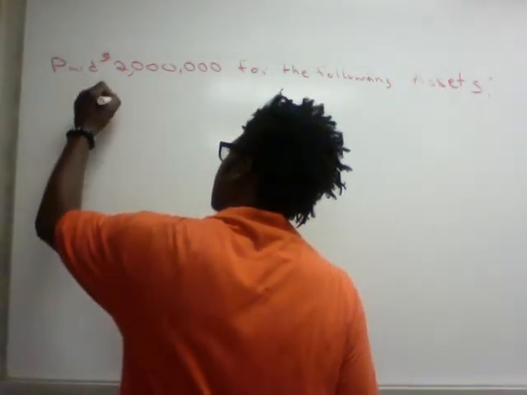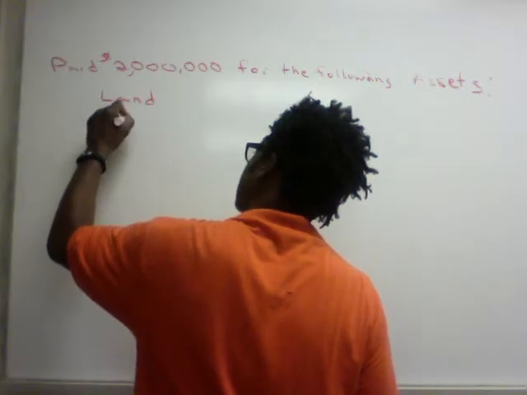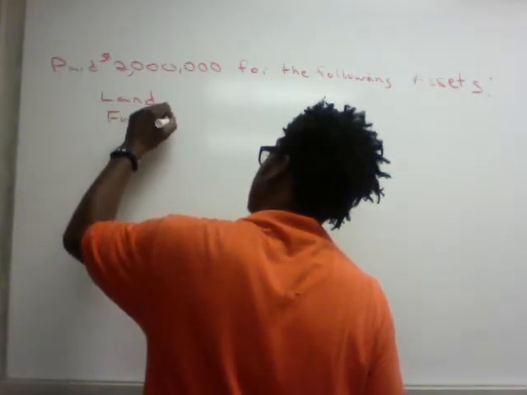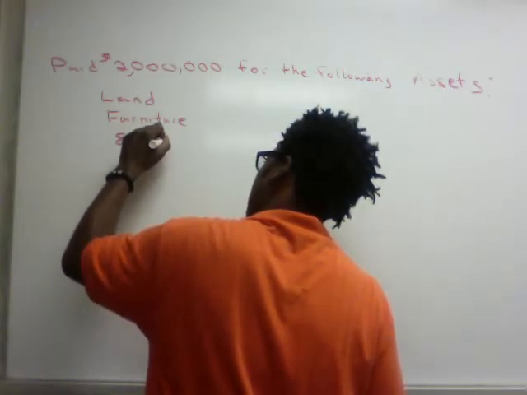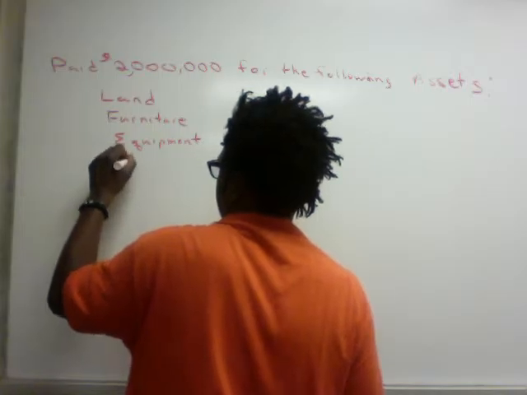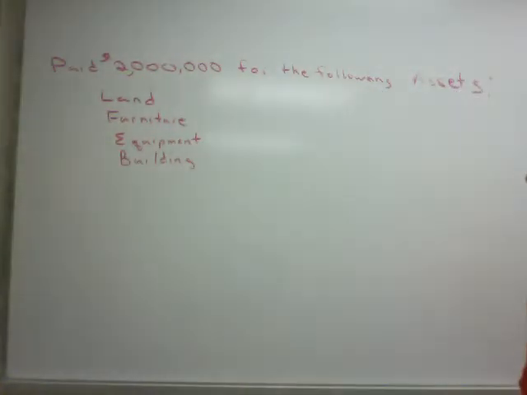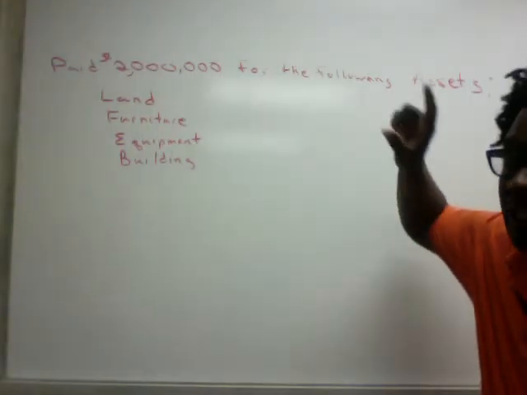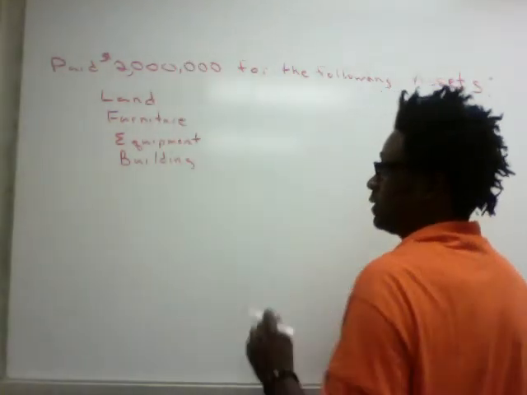Suppose we bought some land, some furniture, we bought equipment, and we bought a building. And so we're going to collectively record all of these assets at a total cost of $2 million.